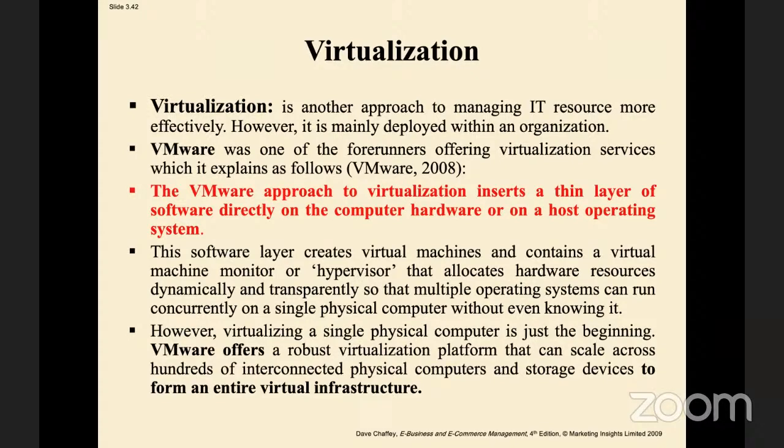So virtualization is not only done on one computer, but all the connected computers can be virtualized, or the virtual infrastructure can be used on each of those interconnected computers.